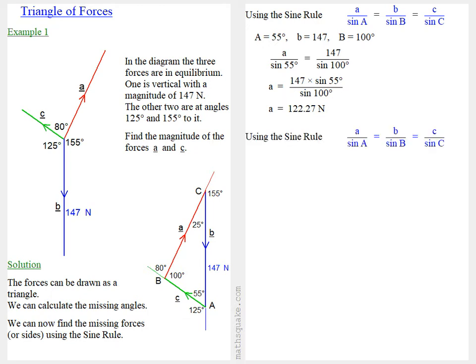Now we can also use the sine rule to work out the side C. We've got the angle C is 25 degrees, the side B is 147, and the angle B is 100 degrees.